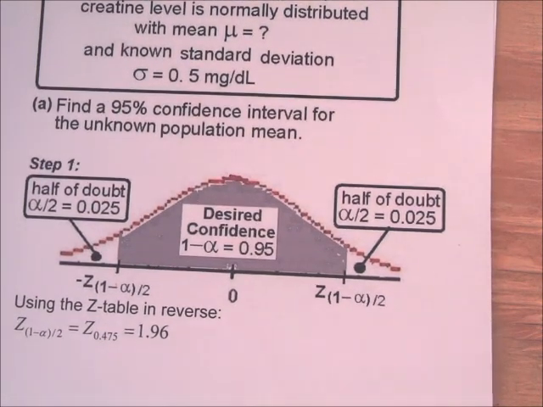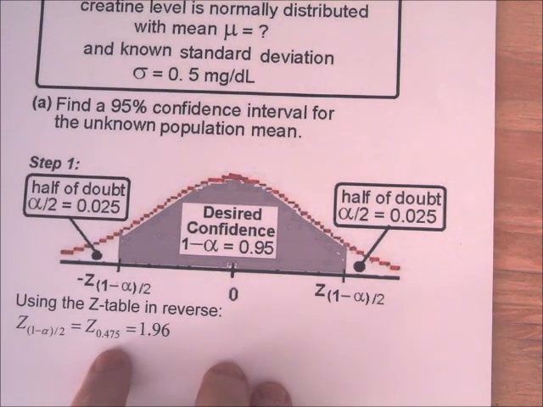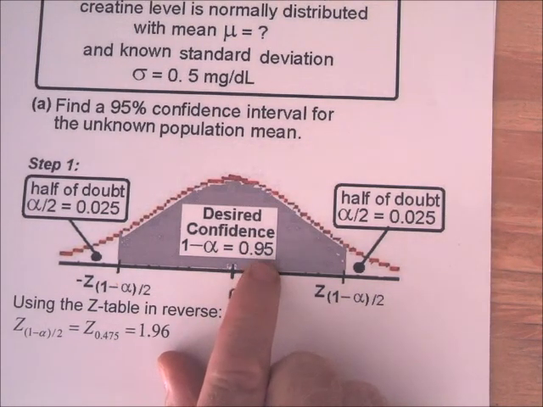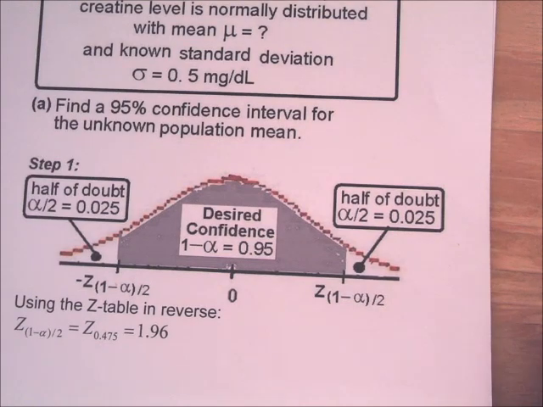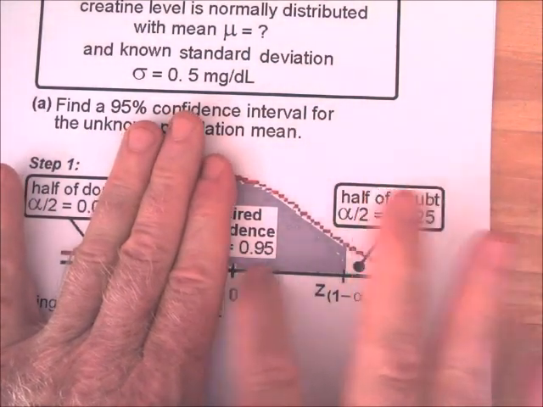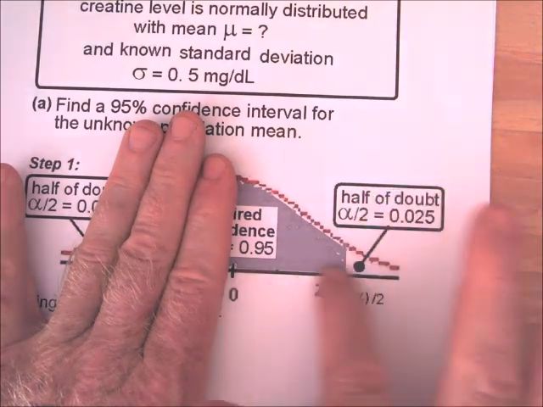And then, using the z-table in reverse, we want to look up 1 minus alpha over 2. 1 minus alpha is 0.95, but the way our table is set up, it only shows the probabilities of z being between 0 and the number.